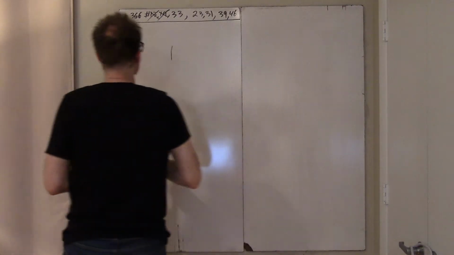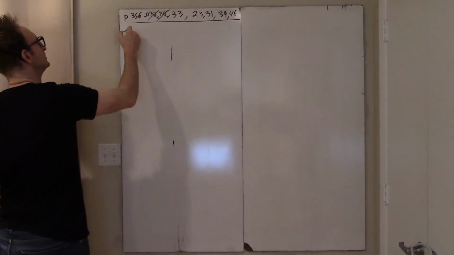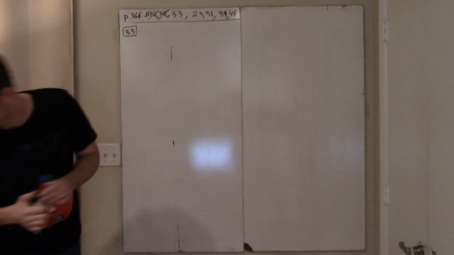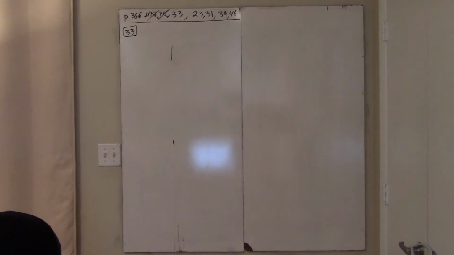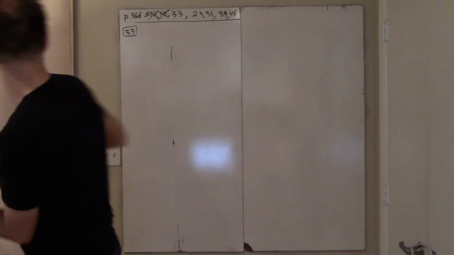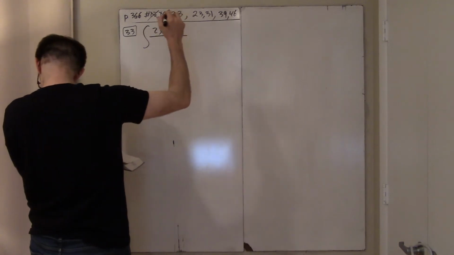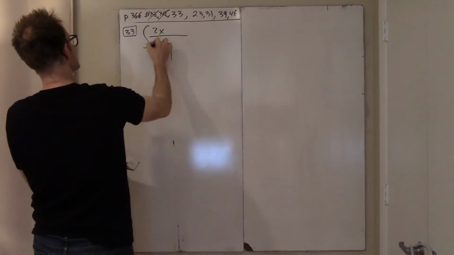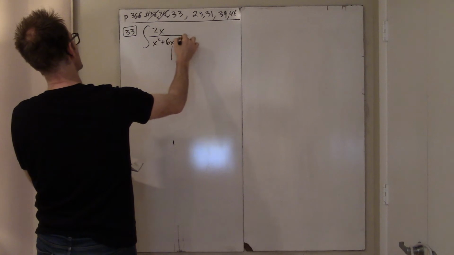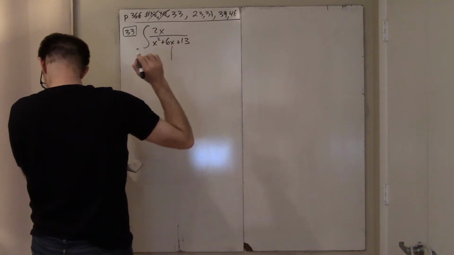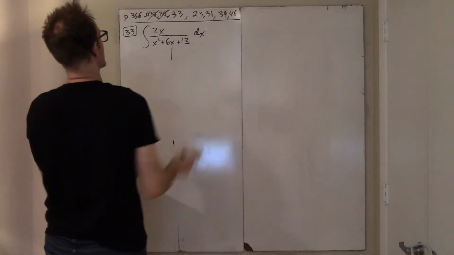Okay, 33. What's 33? Oh, okay. Here we go. 2x over x squared plus 6x plus 13. So one of these guys again.